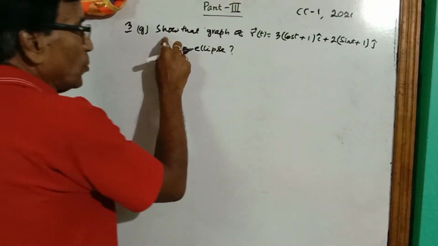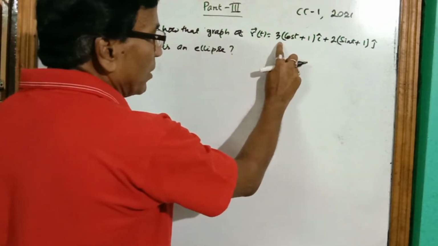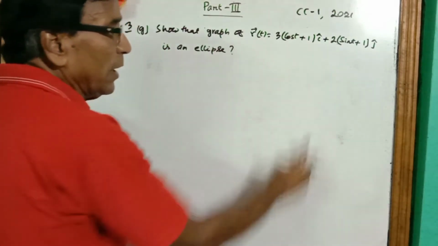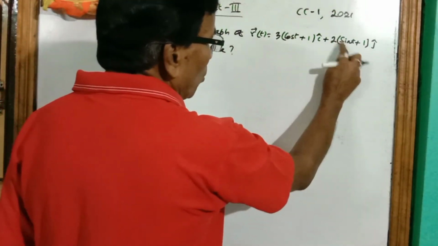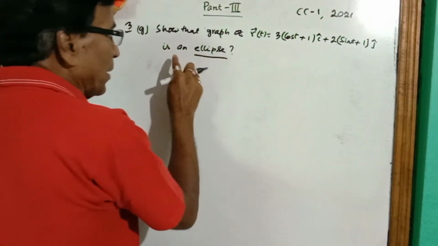3g, we have to show that the graph of the vector valued function r(t) = (3 cos t + 1) i + (2 sin t + 1) j represents an ellipse.